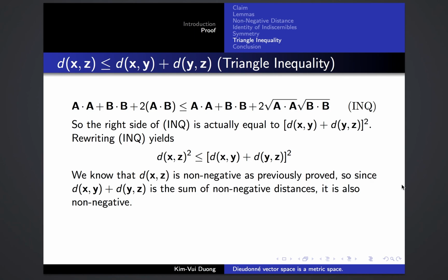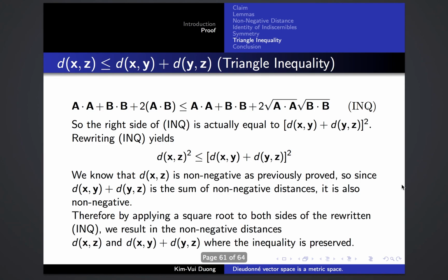So since the distance between x and y plus the distance of y and z is the sum of non-negative distances, it is also non-negative. So by applying the square root to both sides, the inequality is preserved. So then, as a result, we have the distance of x and z is less than or equal to the distance of x and y plus the distance between y and z. So the triangle inequality holds.